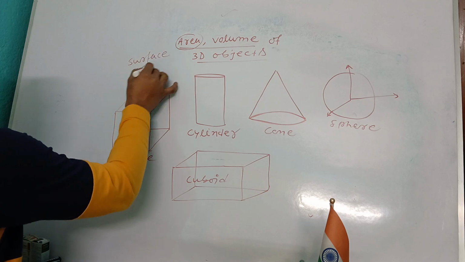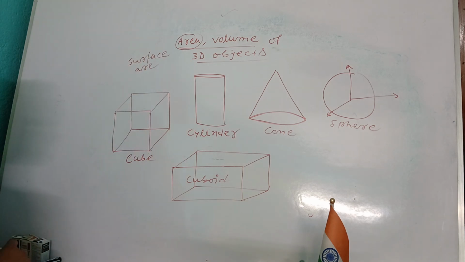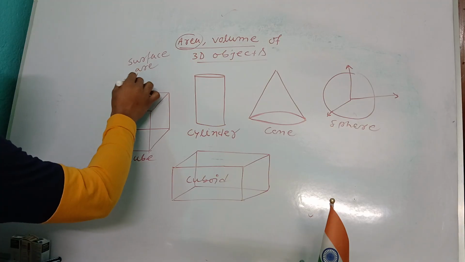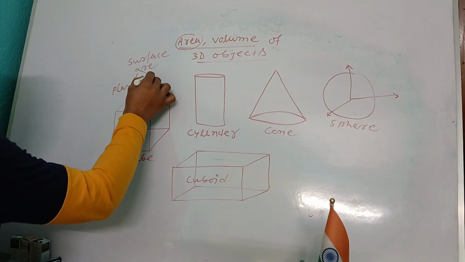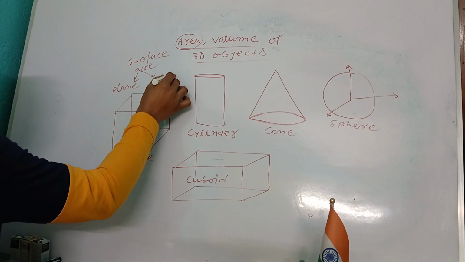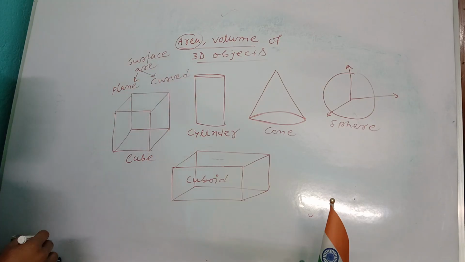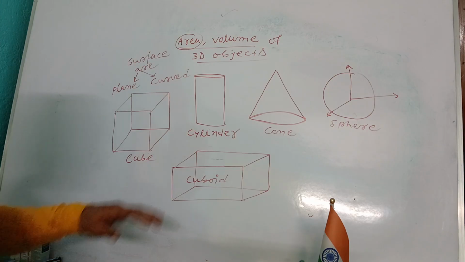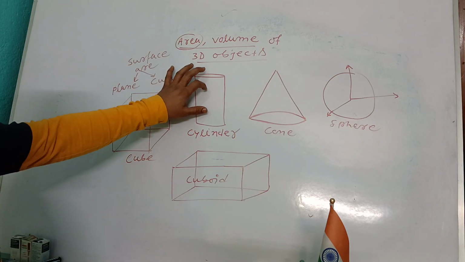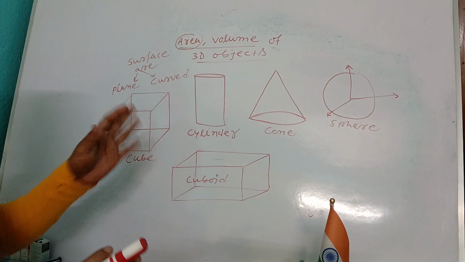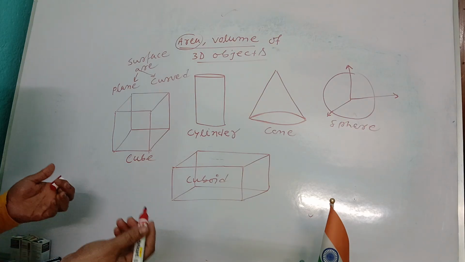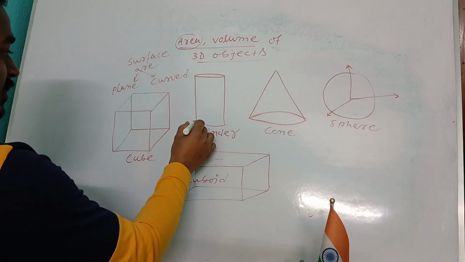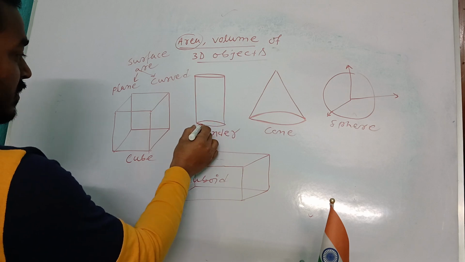The surface area has one plane surface and another curved surface. Tell me what you mean by plane surface and curved surface. A plane surface is also called a flat surface.